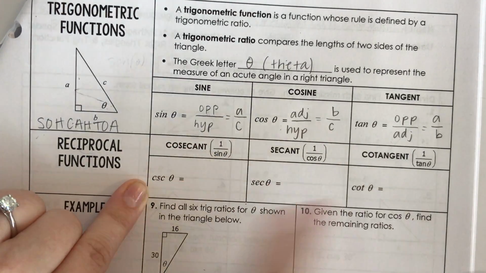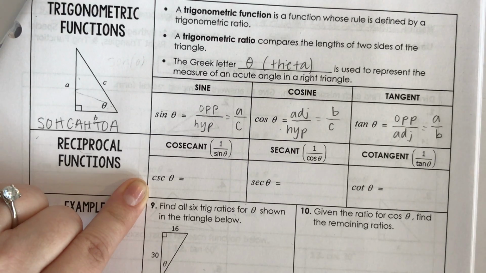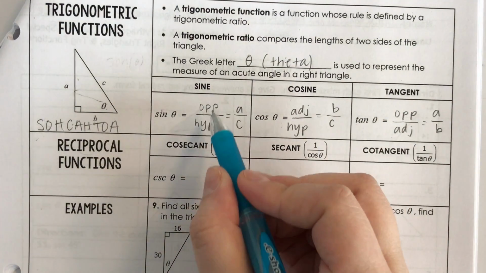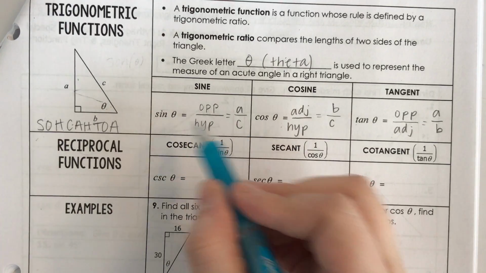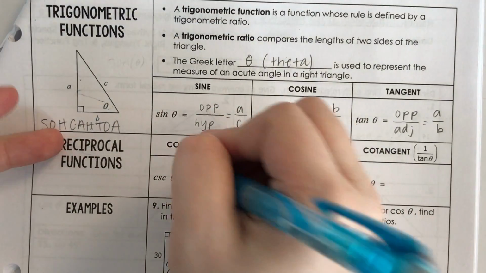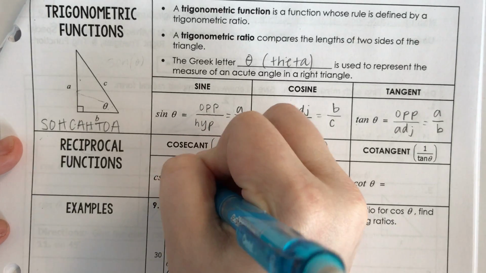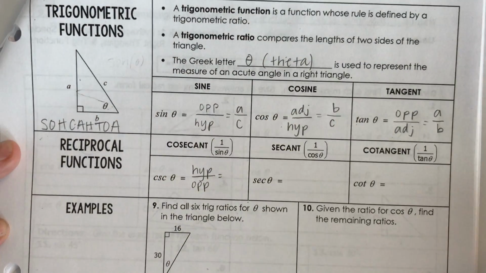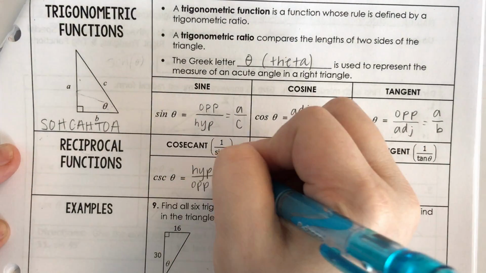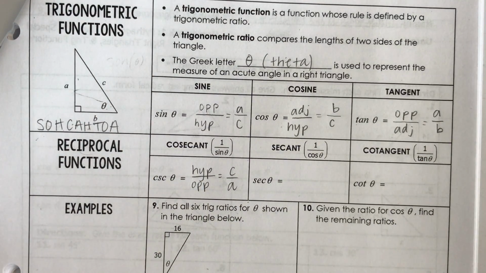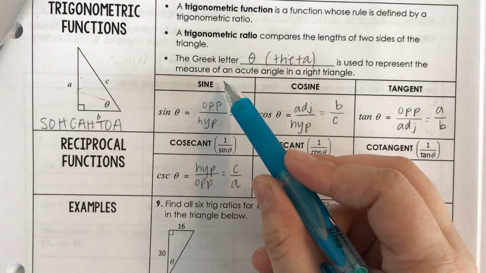You will not find these on a scientific calculator, but that's okay. We can plug it in just like it is. So if sine is opposite over hypotenuse, the reciprocal of that would be hypotenuse over opposite, which in this case would be C over A. You just flip it over. So cosecant is the reciprocal of sine.